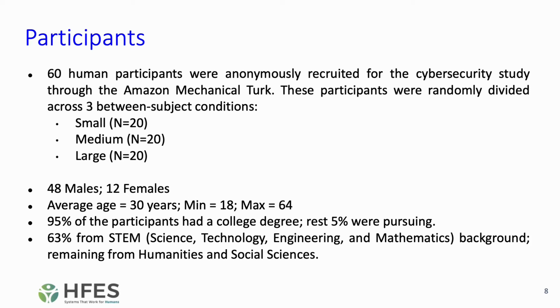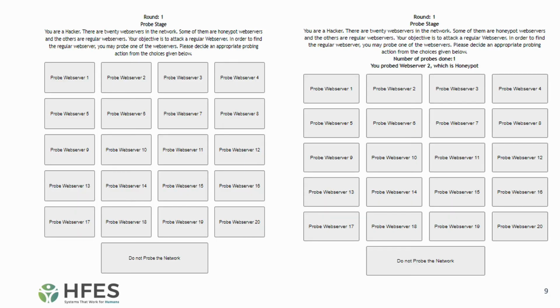The age of the participants varied from 18 to 64, and the average age was 30 years. 95% of them had a college degree, while the rest were pursuing one, and the majority belonged to a computer science or STEM background, while the remaining were from humanities and social sciences backgrounds.